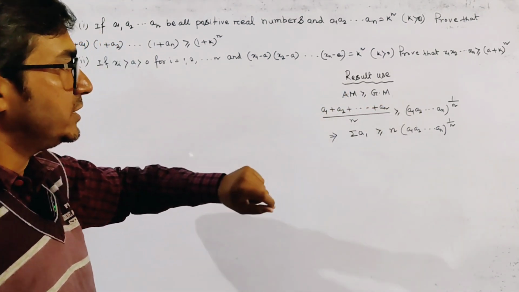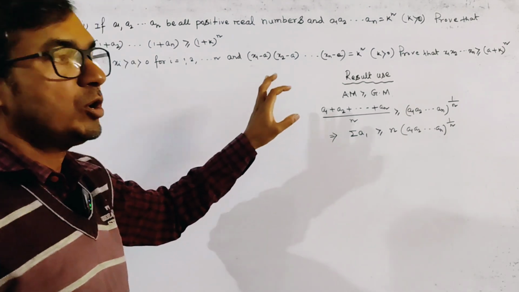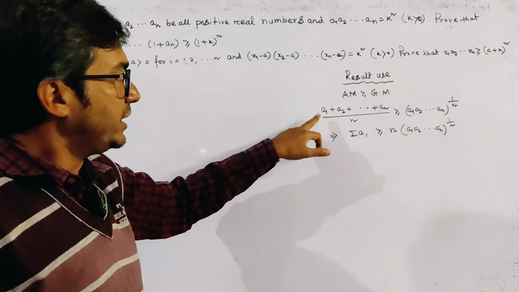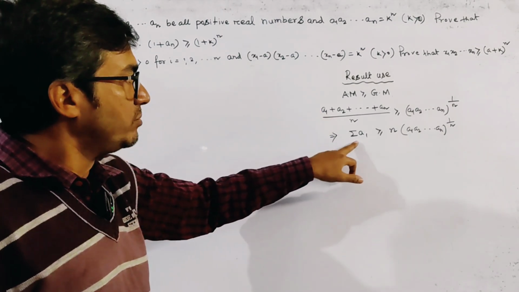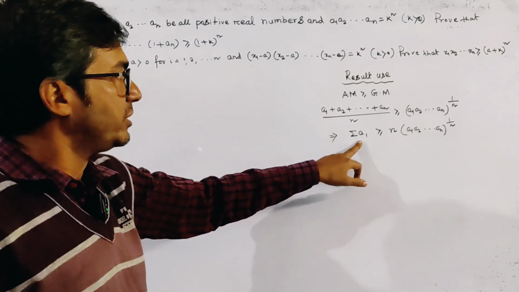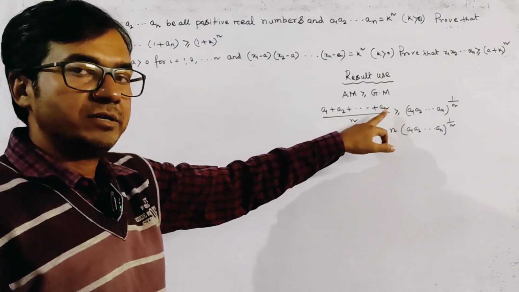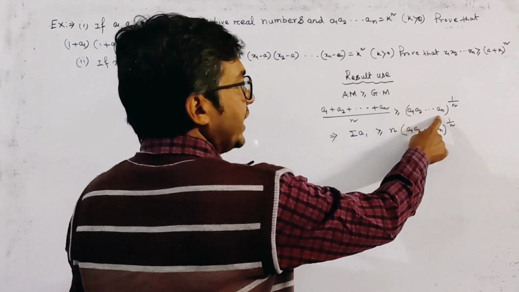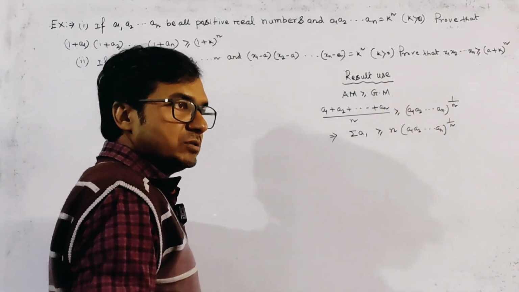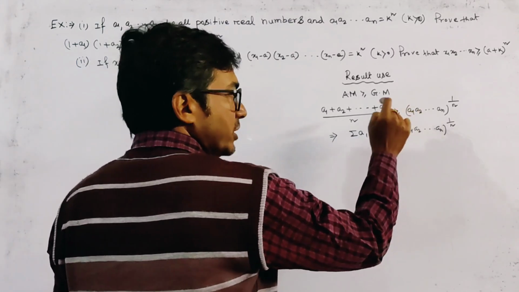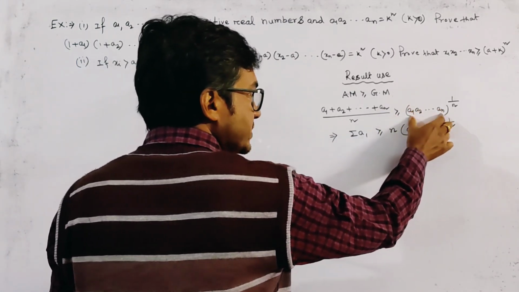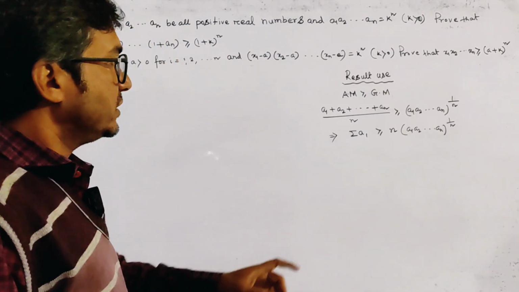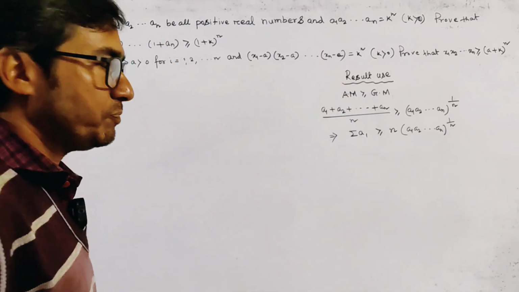And this states that if we take n number of positive numbers, that is a1, a2 to an, the arithmetic mean, summation a1 means a1 plus a2 to an, by n, is greater equal to (a1 into a2 into an) whole to the power 1 by n. Because there are n numbers, we multiply them first and then raise to the power 1 by n. And this is known as AM greater equal to GM.